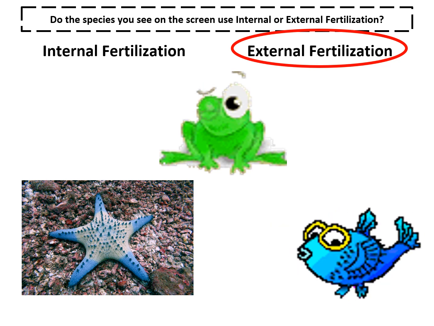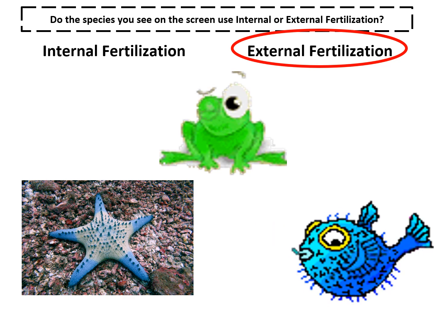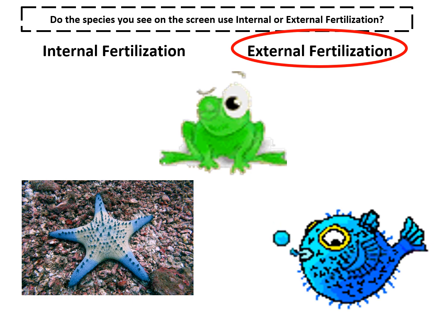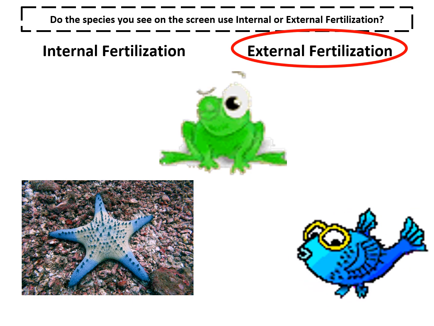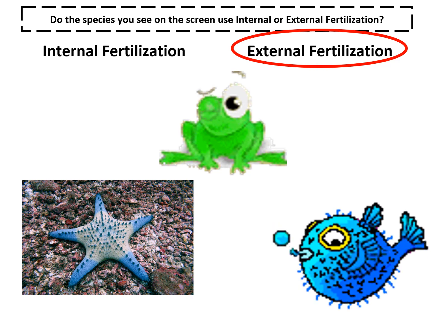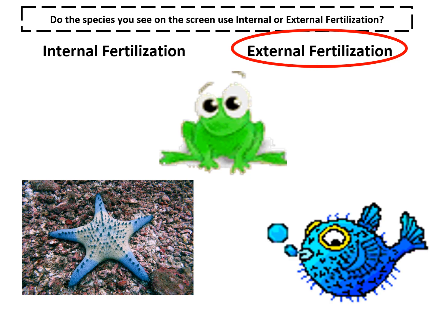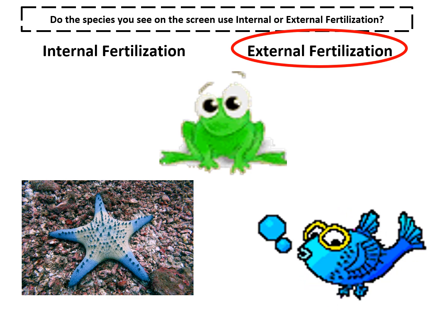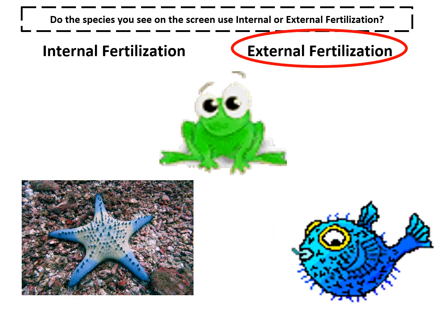The starfish with the eggs release their gametes into the water, and then the starfish with the sperm gametes releases that gamete over the eggs. Even though we have two parents sexually contributing their genes to make one offspring, they don't even have to meet each other for that to happen because it all occurs externally.